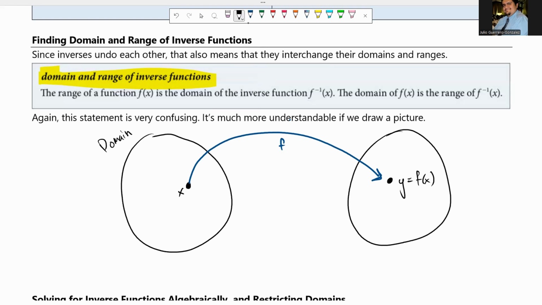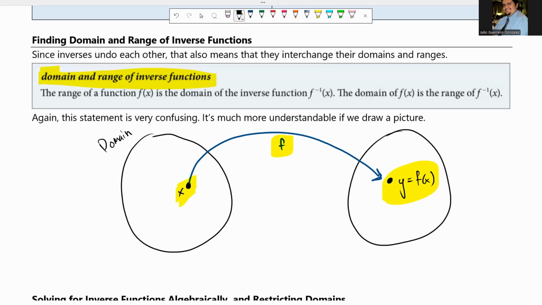This is how functions work. If I have an x value, I can place it inside of a function f and it will give me a y value. Simple enough.